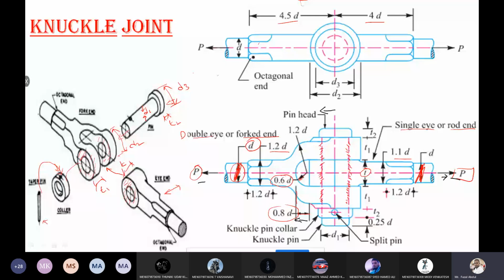Where the pin is in contact with the eye, at that particular section, I am drawing the figure. Here the intensity of the stress is very low. In this manner the stress is going to be generated. Here also in the same manner.